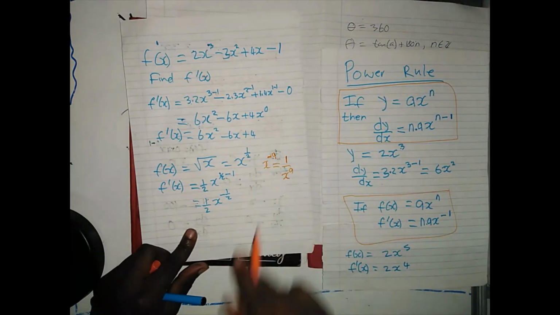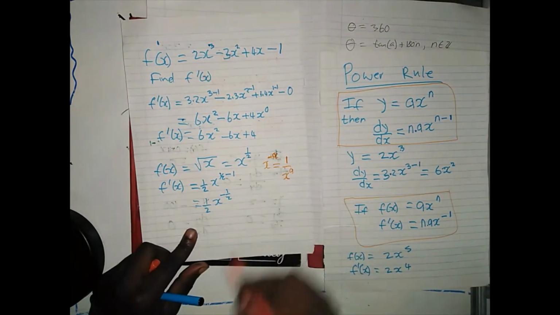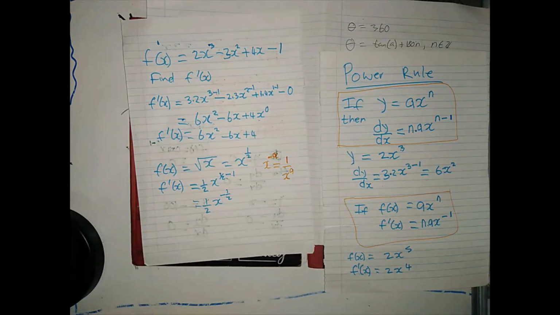So this is a rule: x to the power minus a is the same as 1 over x to the a.